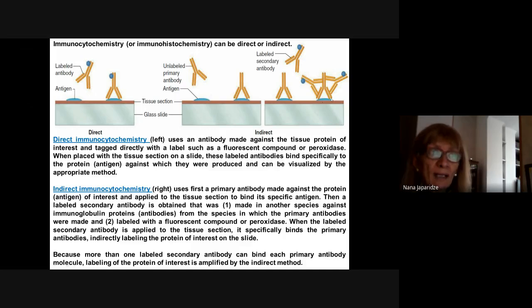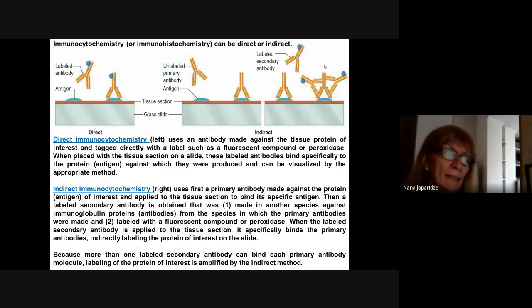So as a result, this antigen is occupied by quite a big amount of antibodies, primary and secondary, and the secondary antibodies have the labeling. After the appropriate processing, this antigen will appear.